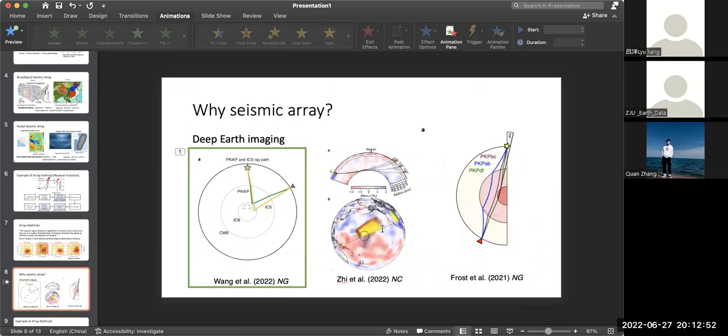Not only beamforming for PK-IKP coda, we will talk about the PK-IKP later, but also other ingenious methods are used for array seismology, enlarging our knowledge about the deep earth.